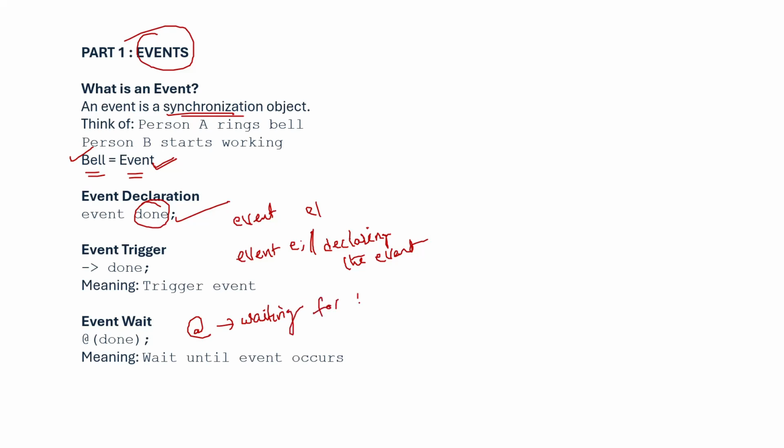We are waiting for the event, and this hyphen greater than is the implication operator. So it is called the implication operator. The main purpose of this implication operator is triggering the event, the triggering point. Triggering means the basic event occurring, right?